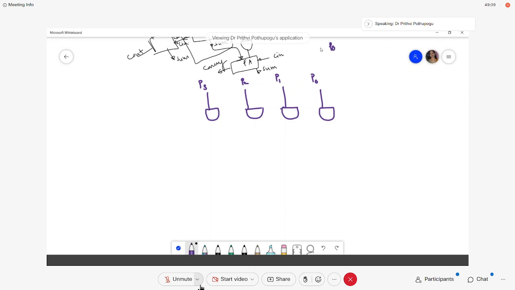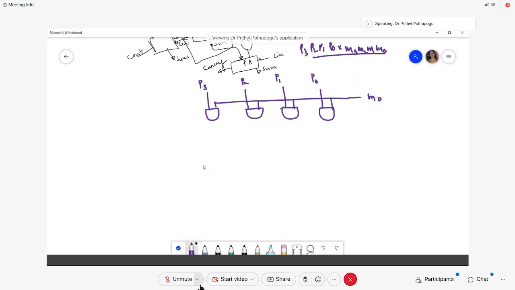Say P0, P1, P2, P3, I'm multiplying with M3, M2, M1, M0. Okay, for this I'm drawing now. Now first one will be, sorry, this is M0.